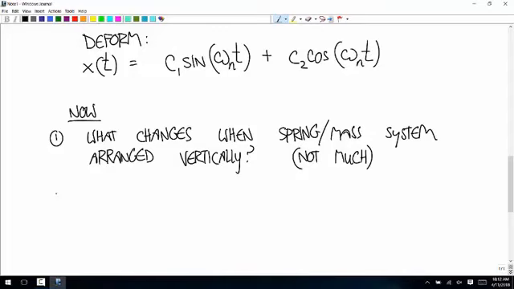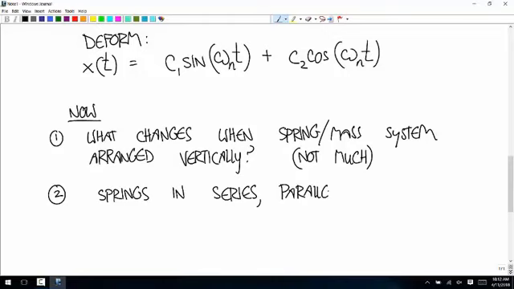Then I want to talk about when you have springs in series and parallel. How do you deal with those? And I'm going to go through a derivation of how that works out.